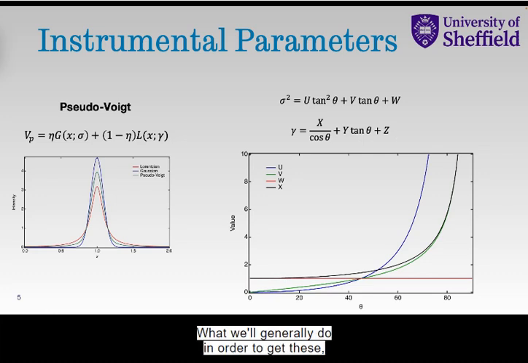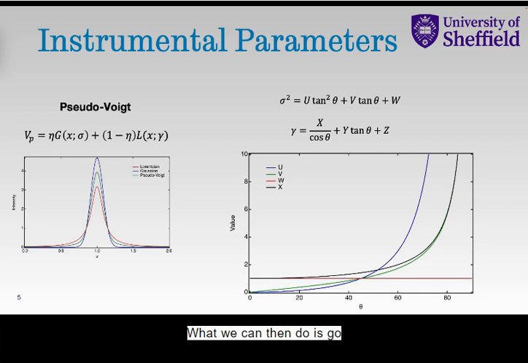And so what we'll generally do, in order to get these, is fit a known material with these functions. So we'll do a refinement where we have a known material, something like lanthanum hexaboride, where we know the crystallite size and microstrain that we expect to get. And so we can fix those terms for the peak width and just refine the instrumental terms that we see here, and so get good values for u, v, w, x, y, and z for our instrument.